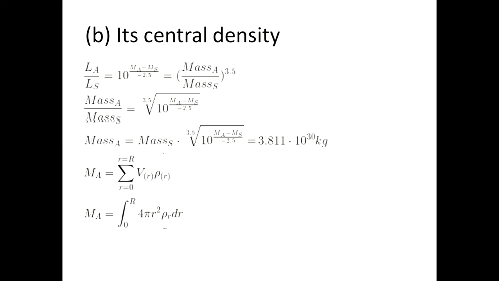These definite integrals, like I told you, are going to be the parts of calculus. It'll be the integral from 0 to R, the distances from the center of the star, of 4 pi r squared rho(r) dr, which is basically just the mass continuum, the theory inside stars.